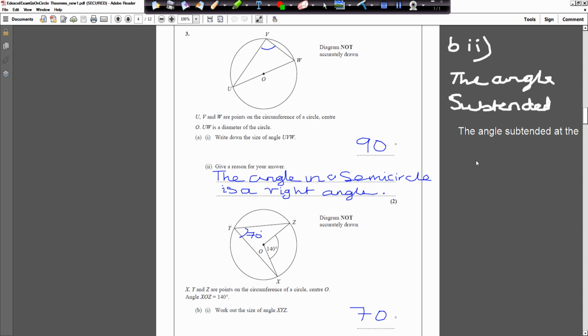Okay, the angle subtended at the center of a circle is twice the angle subtended at the circumference.